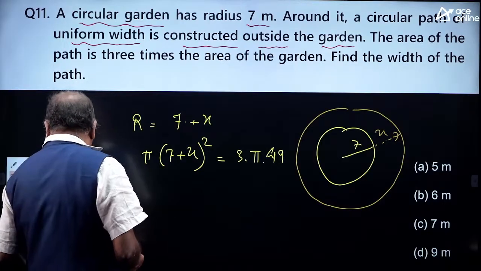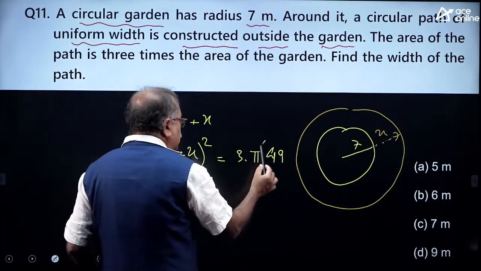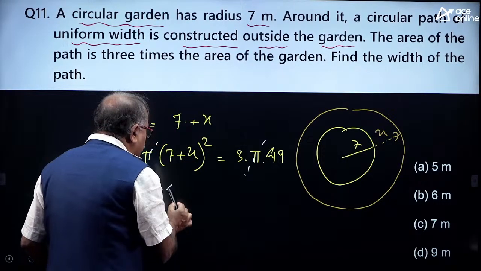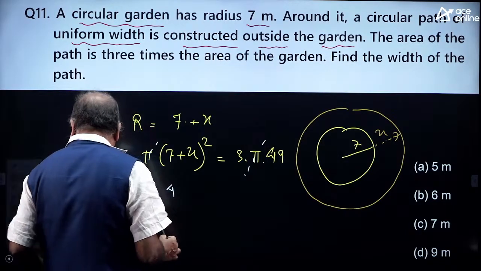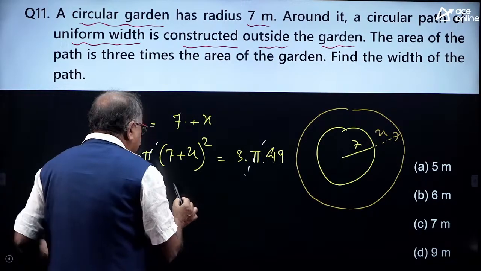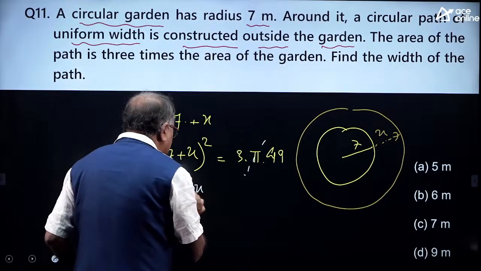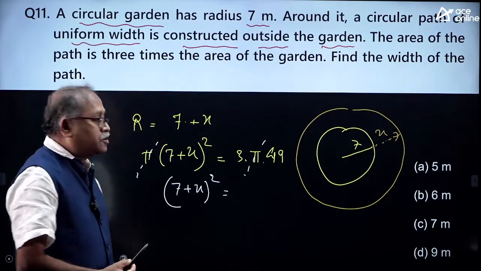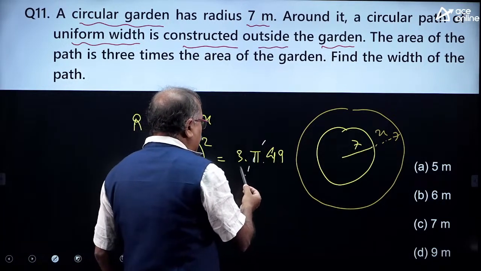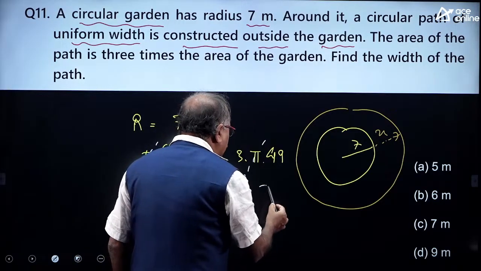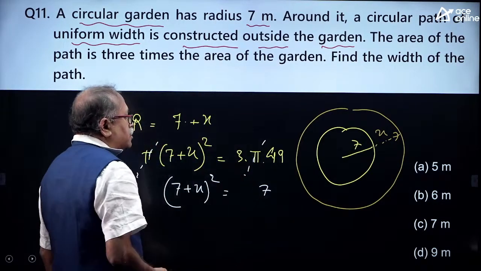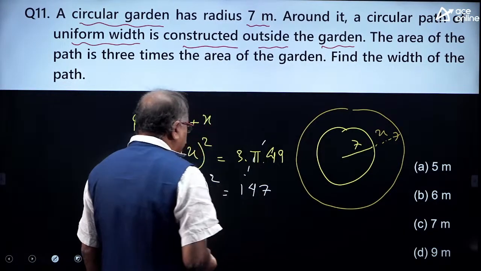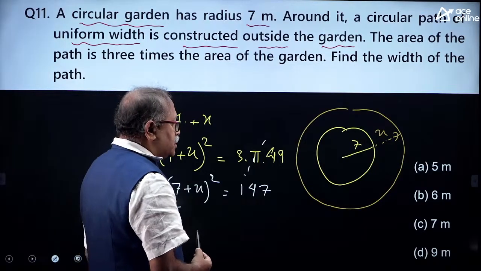So, this is how the equation forms. Now, when I cancel this part, you can see that this pi gets cancelled, and I get 49 into (7 plus x) whole square, is equal to 49 into 3, am I right? 3 nines are 27, carry 2, and 3 fours are 12 plus 2 is 14. Is that the result over here?